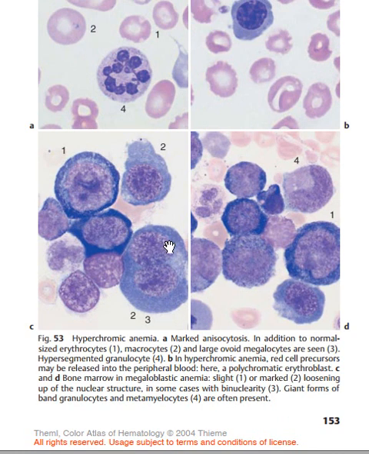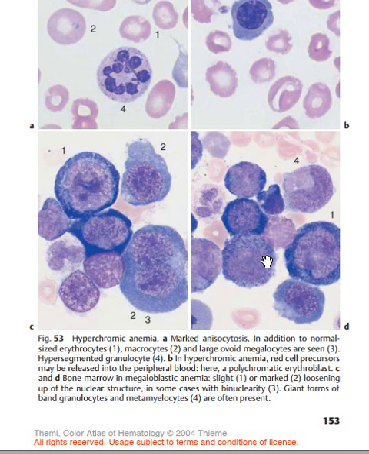Diagram 3 shows giant forms of nuclear structures, and giant forms of band granulocytes, and diagram 4 are often present.